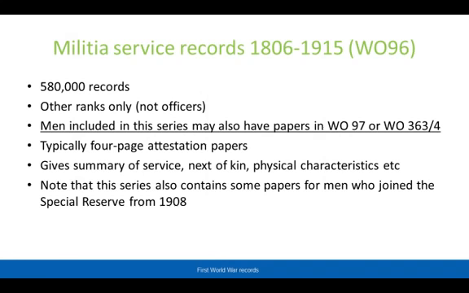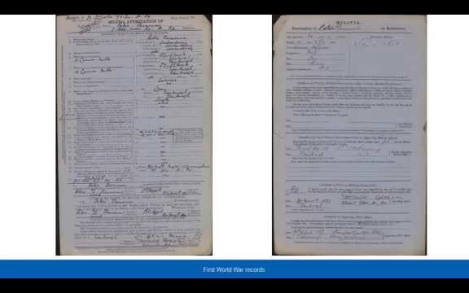Militia Service Records, 1806 to 1915, 580,000 records. Again, other ranks only, not officers. And again, men included in this series may also have papers in 363 and 4, and in W97 for that matter. Typically, again, 4-page attestation papers give summary of service, next of kin, physical characteristics, etc. And there you see the militia attestation.